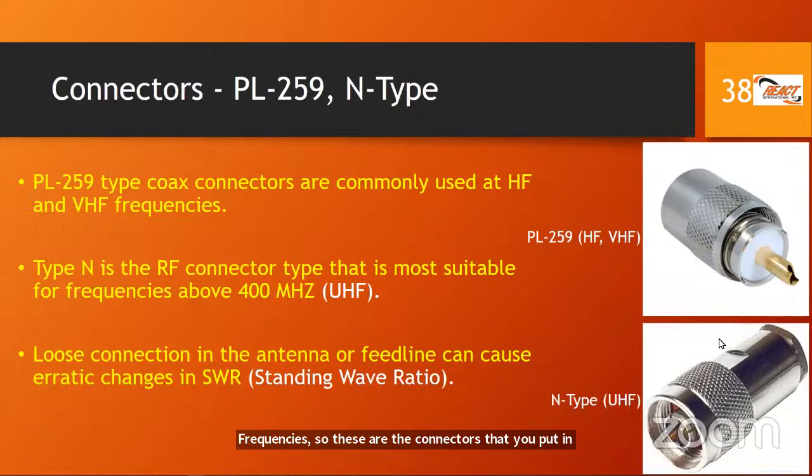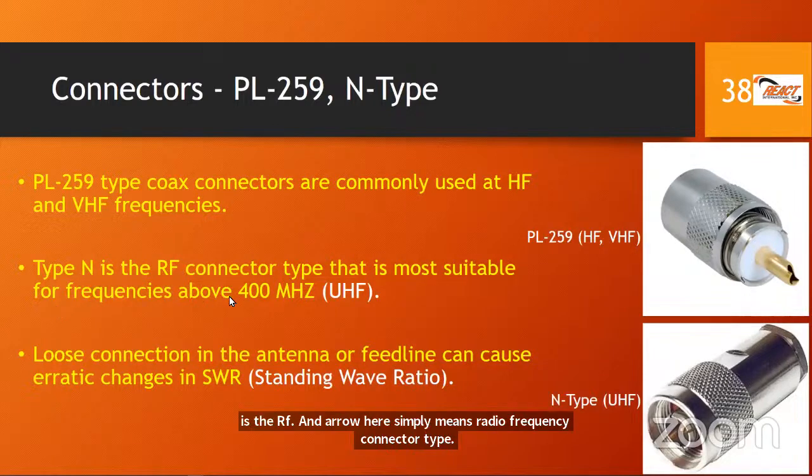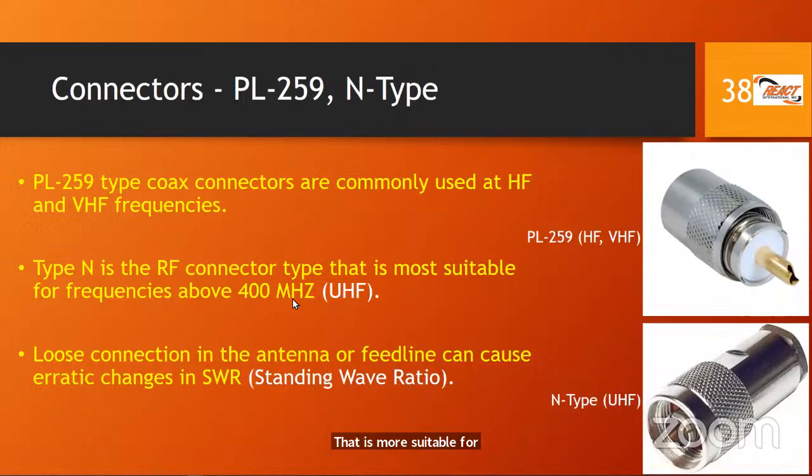And also, this is the N-type connector. Notice how it looks quite a bit different. We need to know that the N-type connector, or type N connector, is the RF, and RF here simply means radio frequency, connector type that is most suitable for frequencies above 400 megahertz. Again, sorry for the Z being capitalized, folks, that's a typo. But 400 megahertz is in the UHF part of the spectrum.